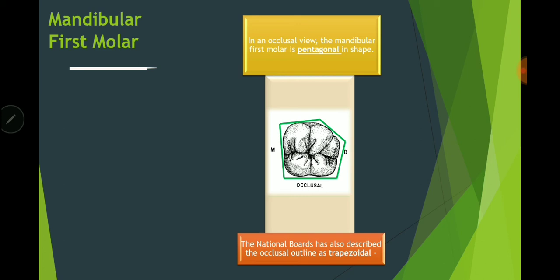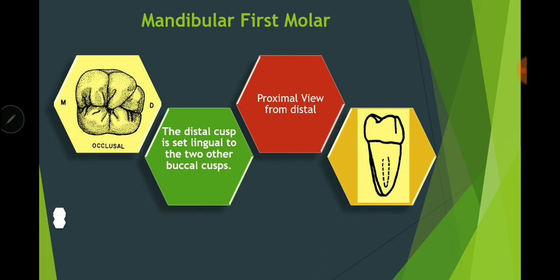So sometimes the national board they put trapezoidal as an option. So you have to keep that in mind. Mandibular first molars, so the distal cusp is set to the lingual, okay, compared to the other two buccal cusps.